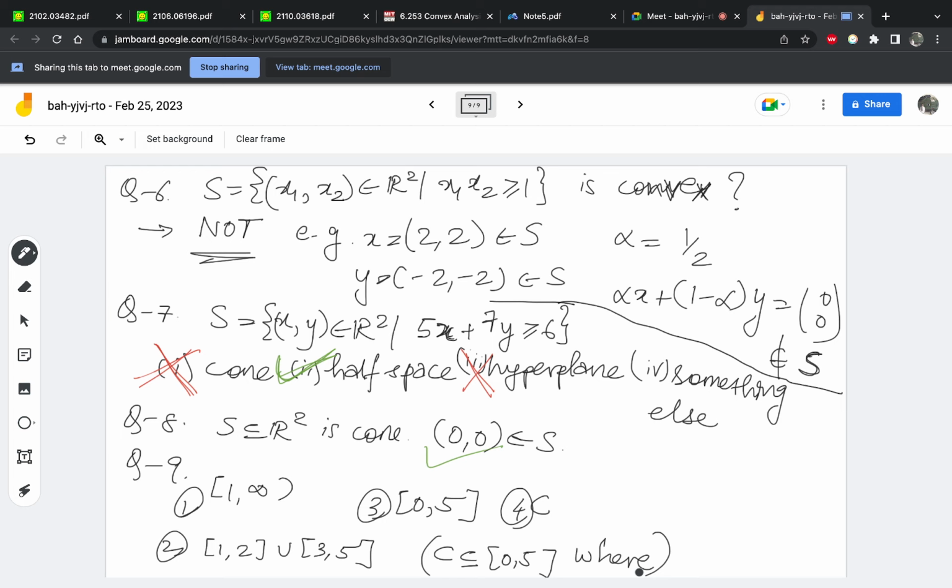Half spaces, yeah, half spaces. So it should be finite, right? We cannot take countably infinite. No, a finite number. It will be a finite number.